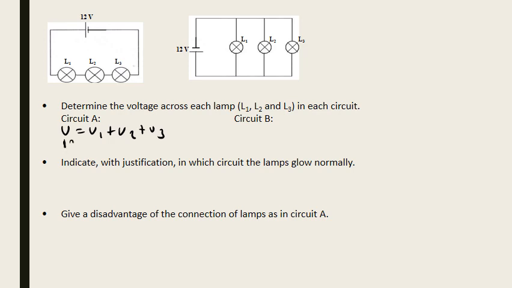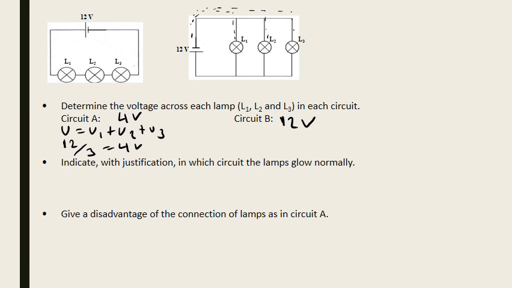So it's 12 divided by 3, which equals 4 volts. So each lamp is receiving 4 volts from the battery in circuit A. However, in circuit B, for parallel, they will each receive 12 volts.